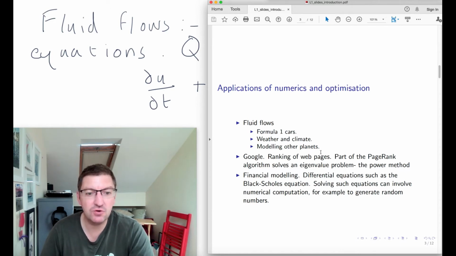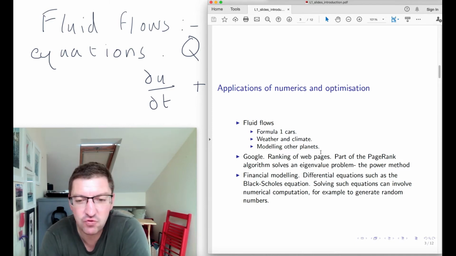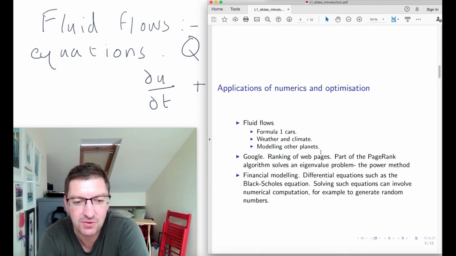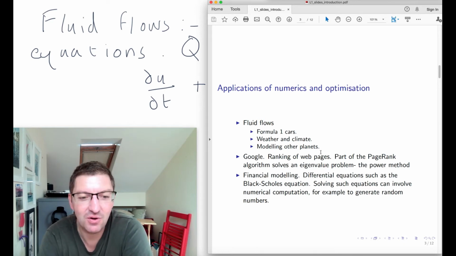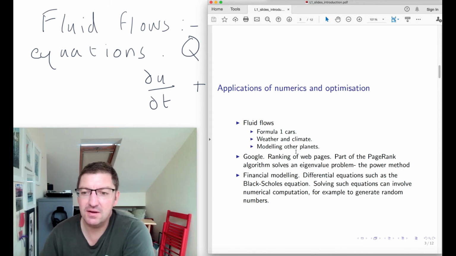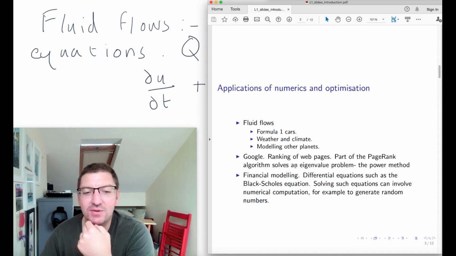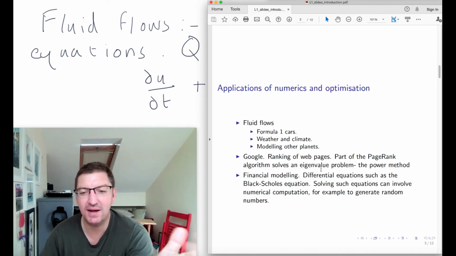And that's Google. Believe it or not, when you do your search engine and you rank whatever you're searching for, say it's coffee, a common search I imagine, it will rank the results in order. I wonder if you ever wondered how it does that. It turns out that underlying that there's an eigenvalue problem. You've done eigenvalue problems in 2x2, but this is an eigenvalue problem of a really big matrix.